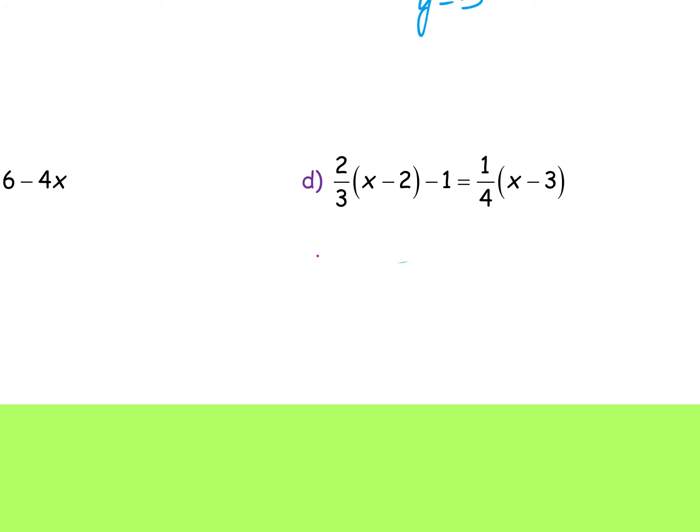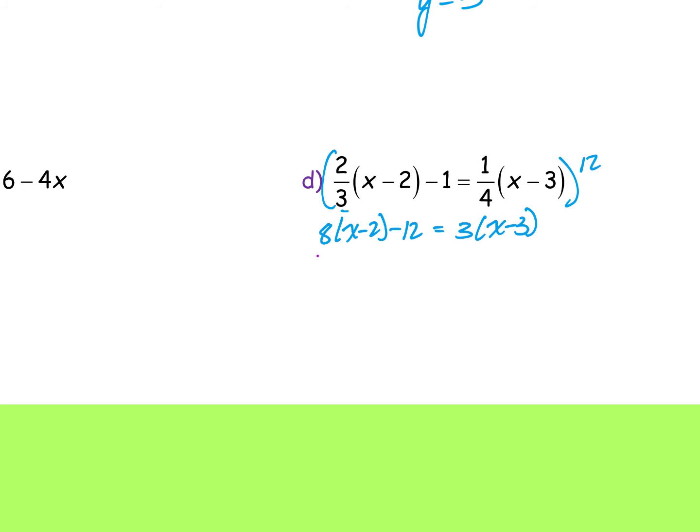So let me erase that. What I did is I multiplied the whole thing by 12 to get rid of my fractions. So I ended up with 8 times x minus 2 minus 12 equals 3 times x minus 3. How did I get 8? Can anyone tell me how I got 8? How many times does 3 go into 12?